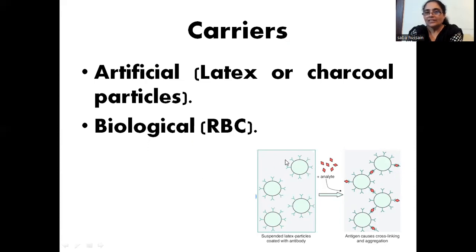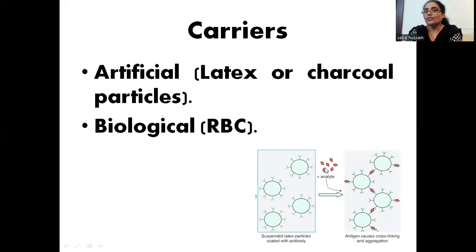This is one of the diagrams which I have chosen. These are suspended latex particles coated with antibody. See, these are coated. We have adsorbed antibody on latex particles, so that this latex can make the antibody available to antigen.